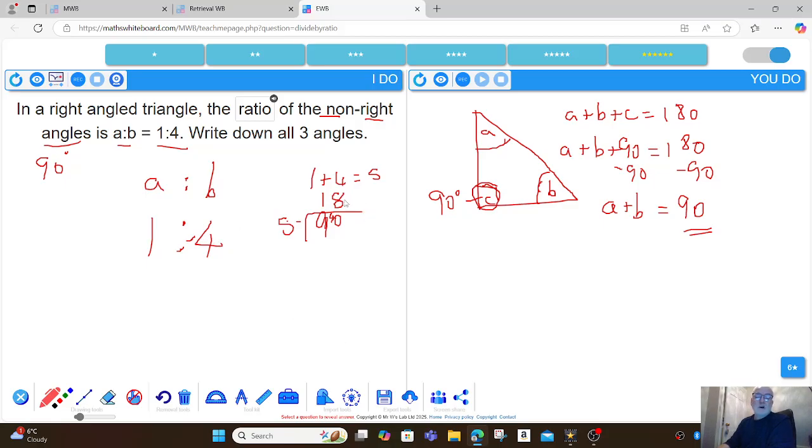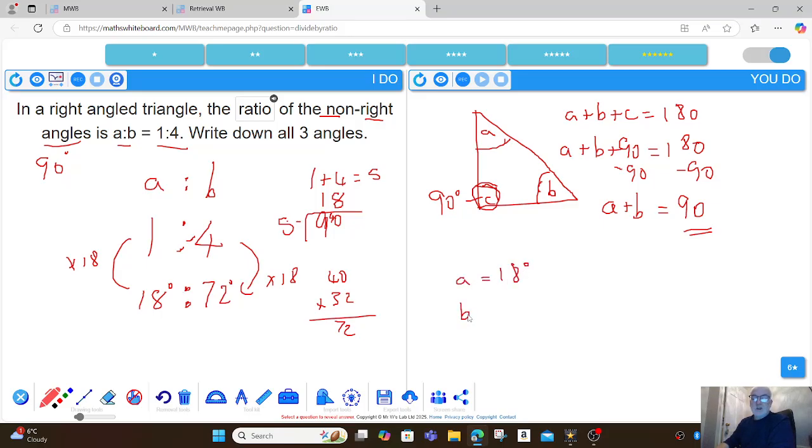So each part is 18, so that means that angle A is 18 and angle B is 4 times 18, so that gives me 4 times 10 is 40, 4 times 8 is 32, add them together gives me 72 degrees. So listing it down, A is 18 degrees, B is 72 degrees, and C is 90 degrees. And that lists all the 3 angles.